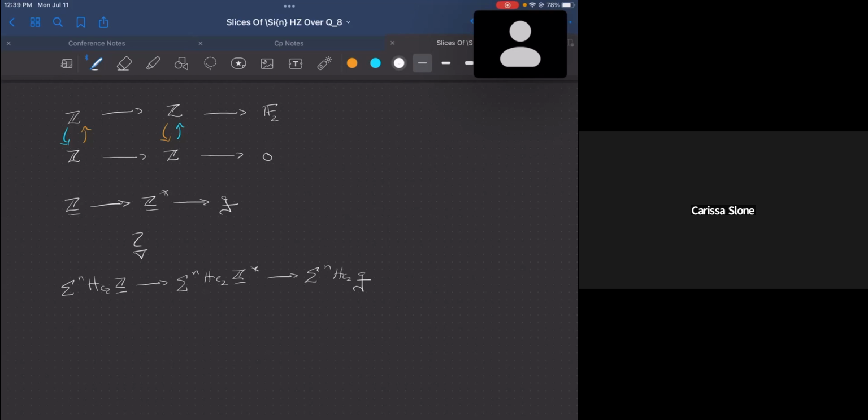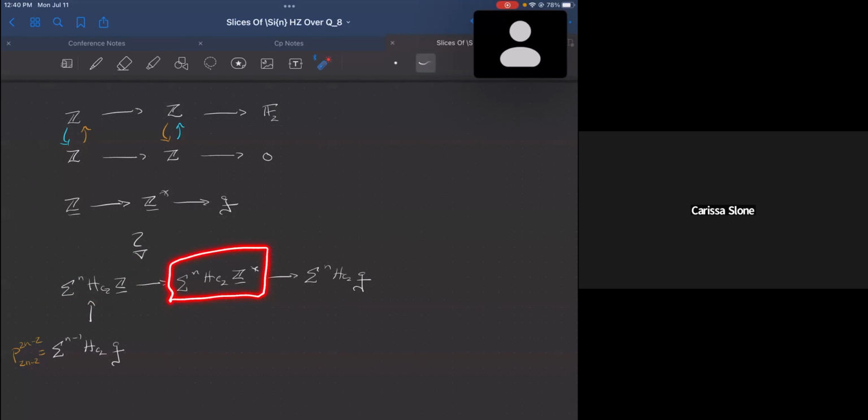But I'm looking for the slices of the spectrum, so I'd want that to be in the middle, so we rotate. And now it turns out that any suspension of HC2G is a 2n minus 2 slice, so here we have a P2n minus 2. And then here's our spectrum, and we want to ask, is this a slice?